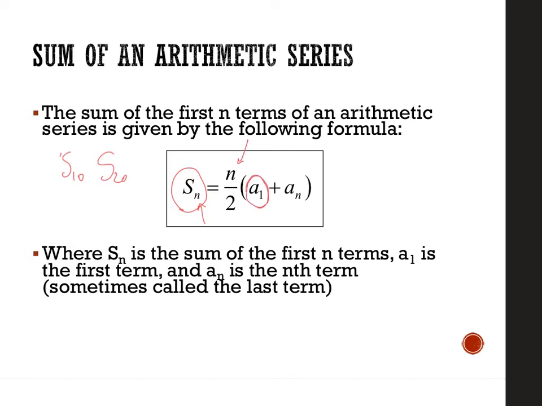This you've definitely seen before, that's just the first number in your list. And this one is the number in a particular position. So if it's A sub 20, that's the 20th number in the list. This will make more sense when we actually do an example.